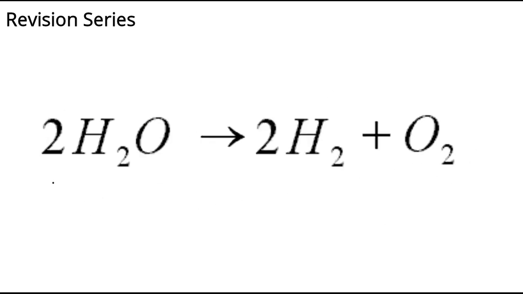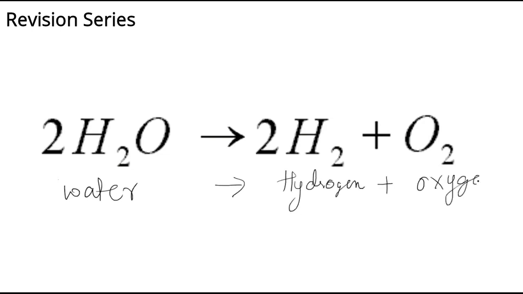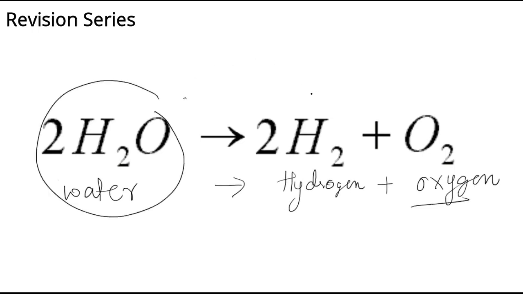It can even be a water which can split into hydrogen and oxygen. This is also a chemical change because initially it was water, now it is split into hydrogen and oxygen. Now you have seen 2 equations.